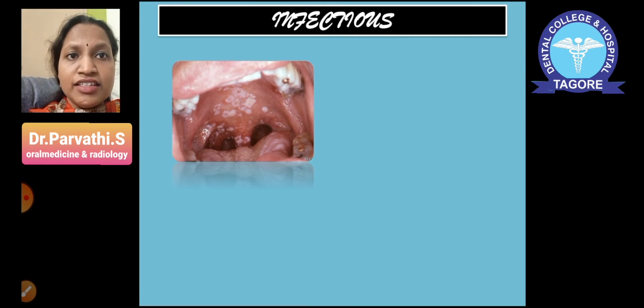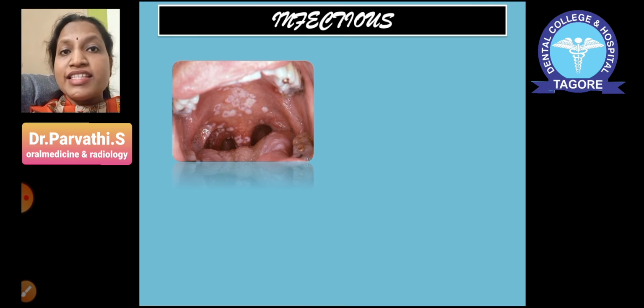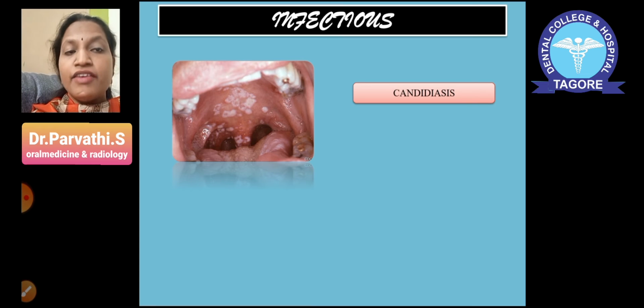Here we see a white lesion in the palate, and when you try to remove it clinically, it gets scraped off. The only scrapable white lesion commonly occurring in the oral cavity is pseudomembranous candidiasis, caused by Candida albicans. It is a fungal infection and the white lesions scrape off easily.